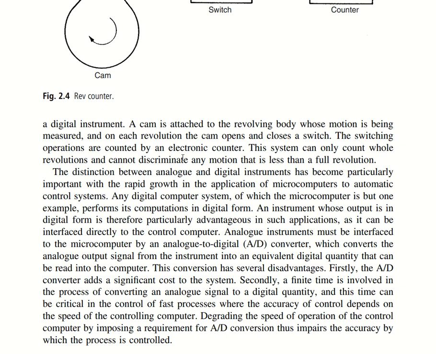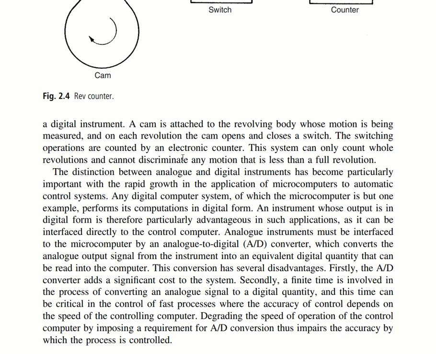An instrument whose output is in digital form is therefore particularly advantageous in such applications, as it can be interfaced directly to the control computer, whereas an analog instrument must be interfaced to the microcomputer by an analog to digital converter, which converts the analog output signal from the instrument into the equivalent digital quantity, and that can be read into the computer later on.